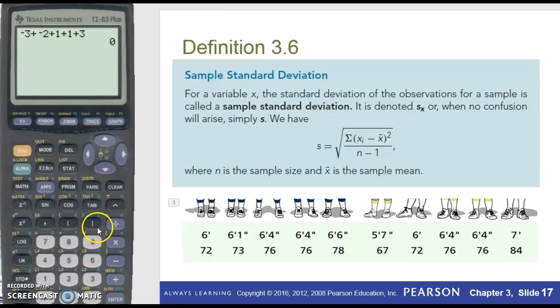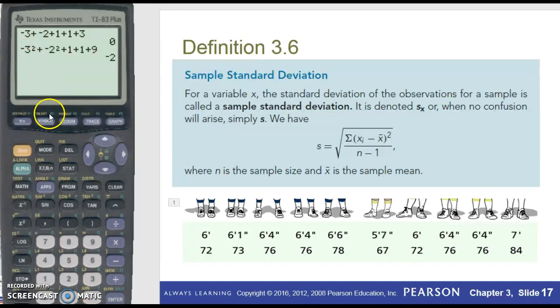So here what I'm going to do is take the negative 3 squared plus the negative 2 squared plus the 1 squared, which is 1, plus another 1 squared, which is 1, plus this 3 squared, which I'm going to just put as 9. And I'm going to add those together, except I forgot my parentheses.